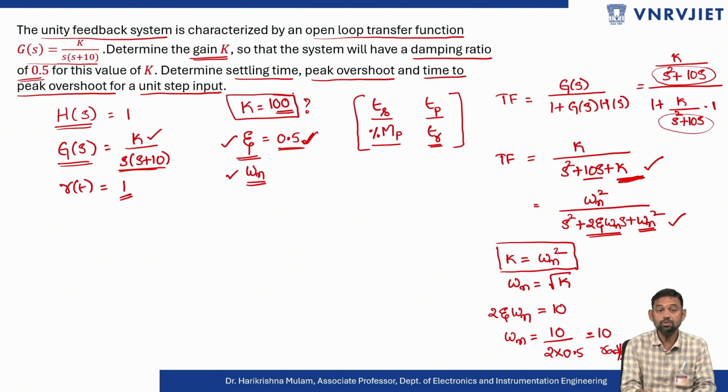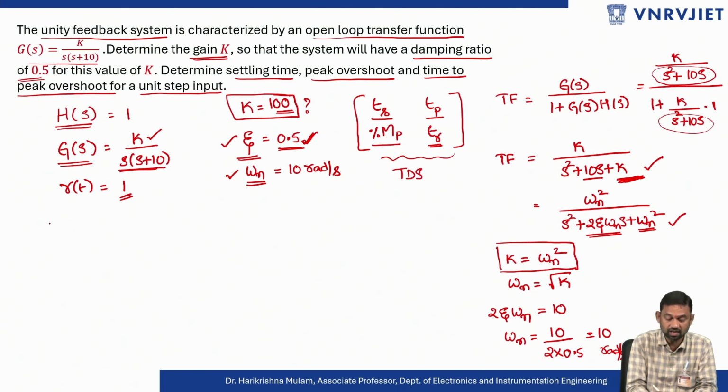Now, once you have this omega n value, which is 10 radians per second, and once you know zeta value, you can find all the time domain specifications. So first, we were asked to find settling time.